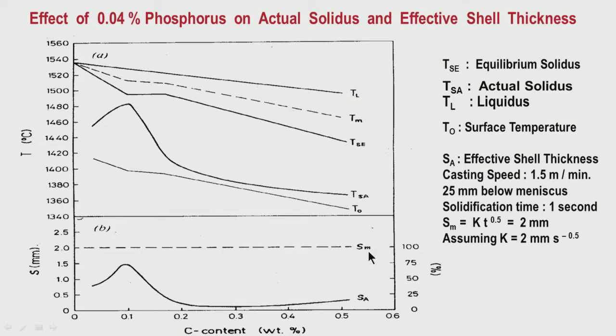But what is the actual shell thickness? That is very important to understand. So, that is why we calculate the effect of segregation of 0.4% phosphorus. We can calculate CL, that means the final concentration of phosphorus in the last liquid to solidify, from the modified shell equation.